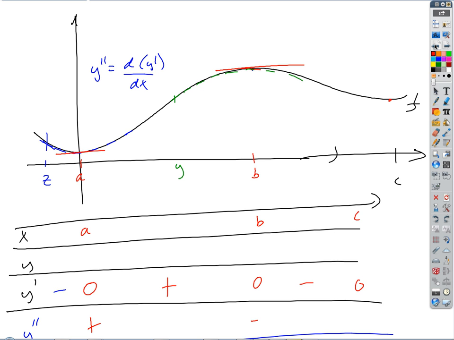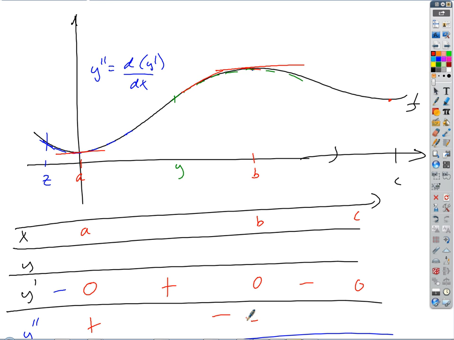Over here, it is concave up where the second derivative is positive, which means the tangents sit below the curve. It would tend to catch water if water were falling on the curve. Here, the value of the second derivative is negative, because the tangent sits on top of the curve, or the curve would tend to shed water.